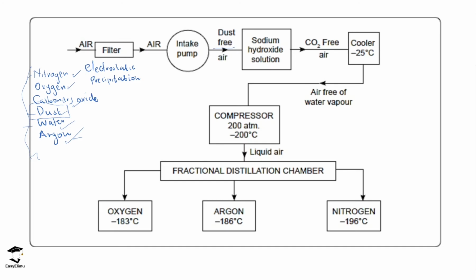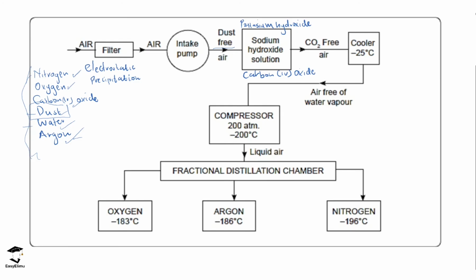So this dust-free air is taken to another chamber containing concentrated sodium hydroxide solution or potassium hydroxide. So the sodium hydroxide and potassium hydroxide can be used interchangeably. Both of them function by absorbing carbon dioxide.